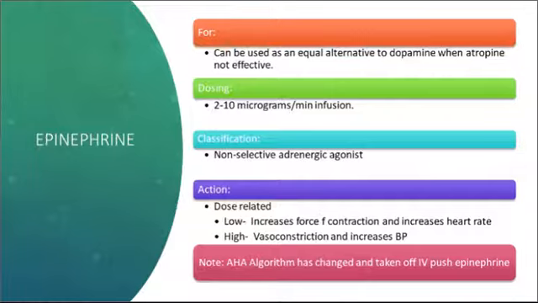It's a non-selective adrenergic agonist. Again, just like your dopamine, the low dose will increase your heart rate, but high doses will cause vasoconstriction. Epinephrine, we will see more for increasing blood pressure when we talk about shock in the next modules.